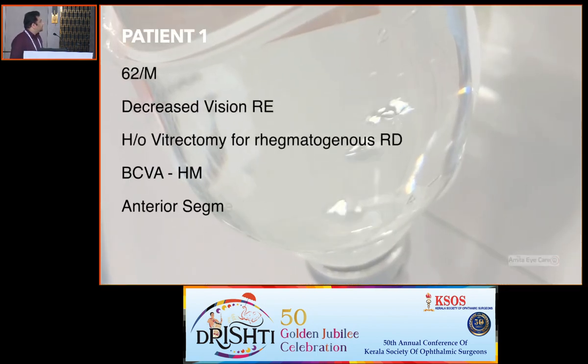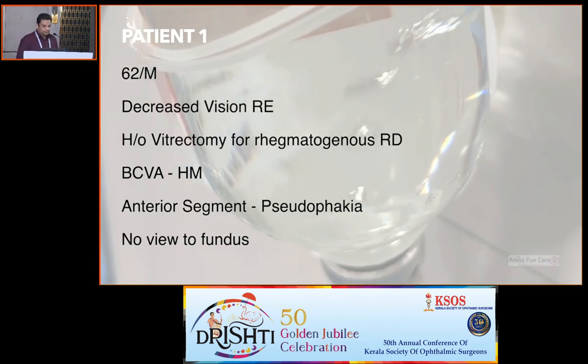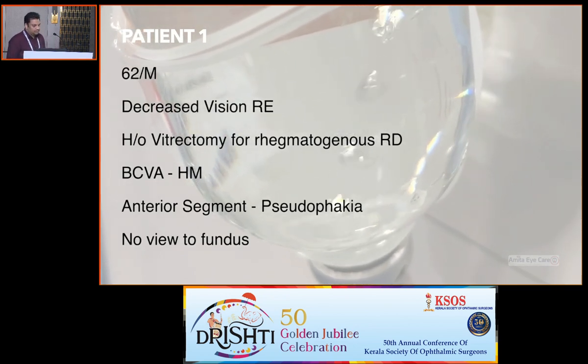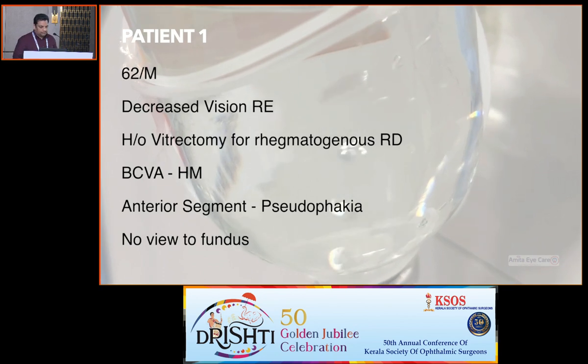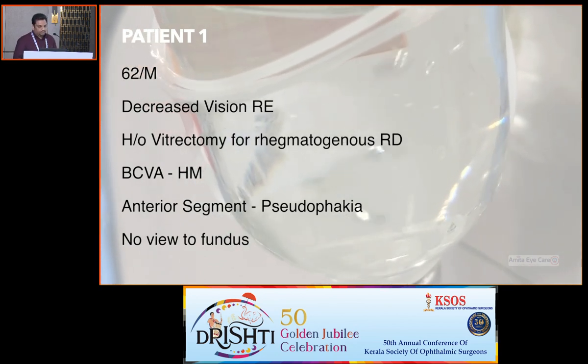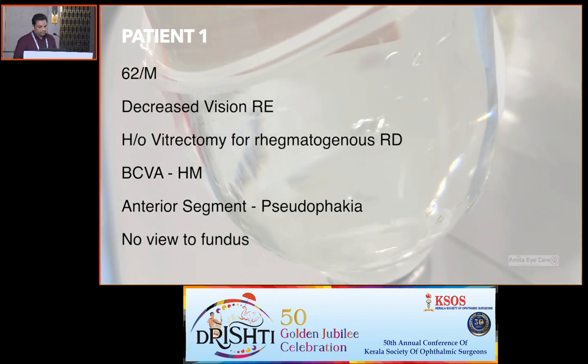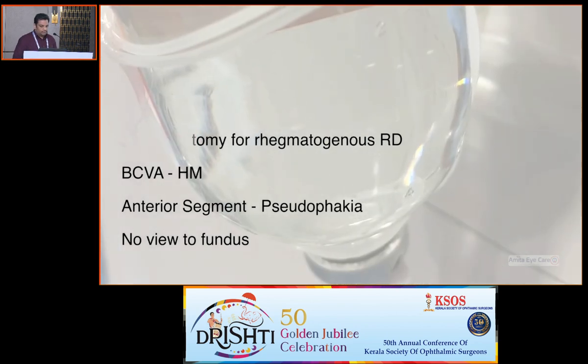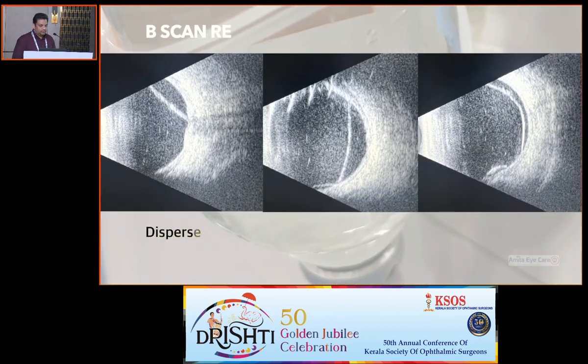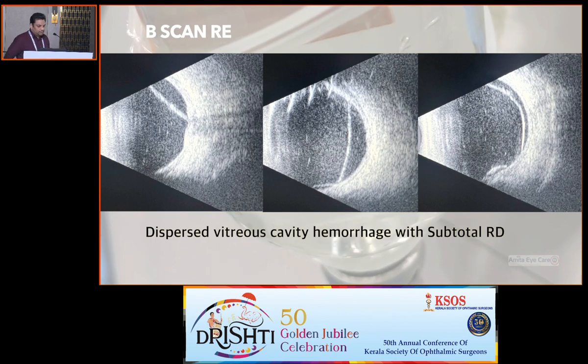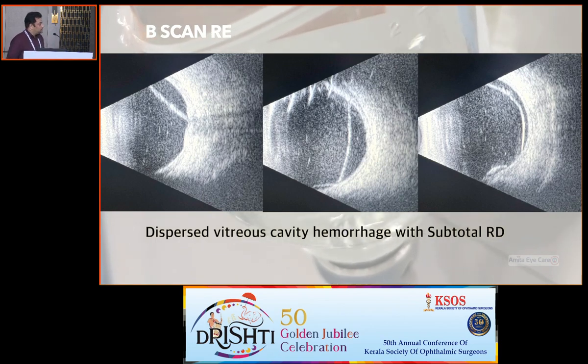A 62-year-old male presented with decreased vision in the right eye. He underwent pars plana vitrectomy for rhegmatogenous retinal detachment 3 months back. The right eye vision was hand movements and anterior segment examination revealed pseudophakia. There was no view to the fundus. B-scan revealed dispersed vitreous cavity hemorrhage and retinal detachment.